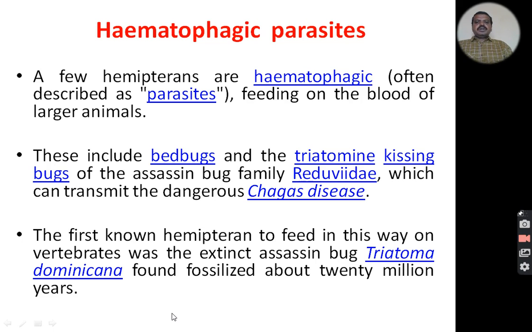These include the bed bugs and the triatomine kissing bugs of the assassin bug family, Reduviidae, which can transmit the dangerous Chagas disease. The first known hemipteran to feed in this way on vertebrates was the extinct assassin bug Triatoma dominicana, found fossilized about 20 million years ago.